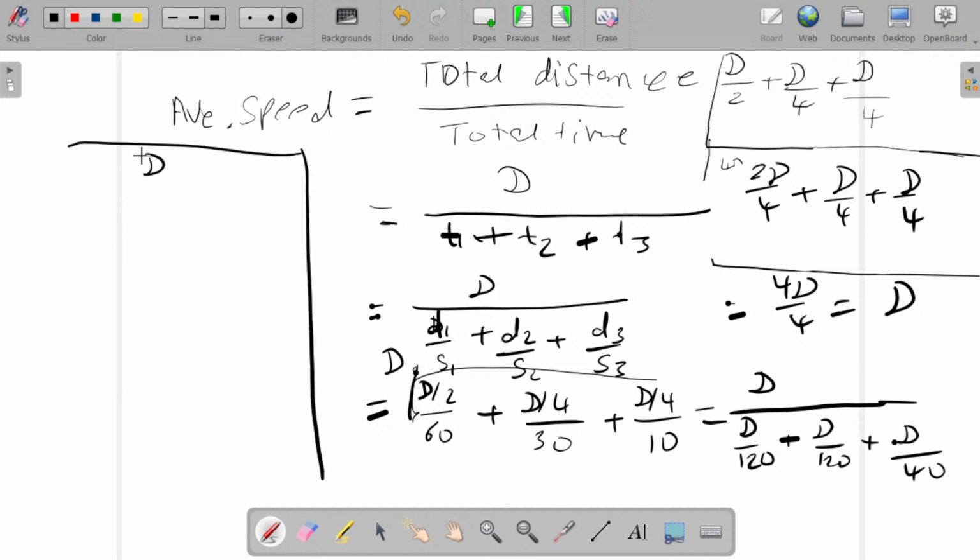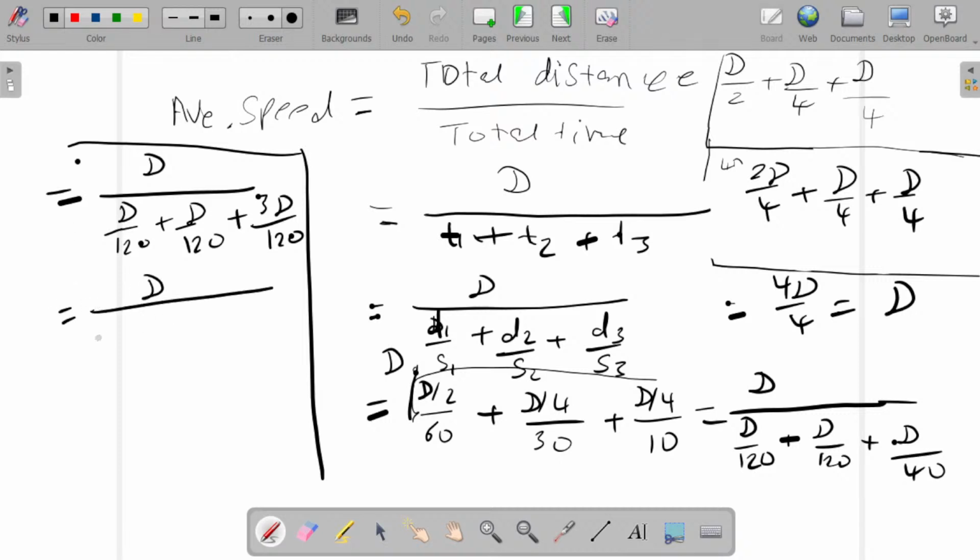So it will be d by 120 plus d by 120 plus, here we need to make the denominator 120, so we multiply and divide by 3, so it will be 3d by 120. So the total next term will be 5d by 120.